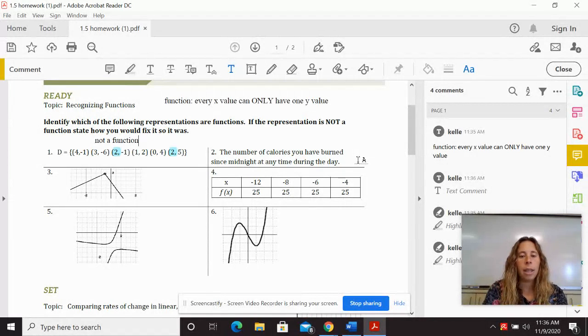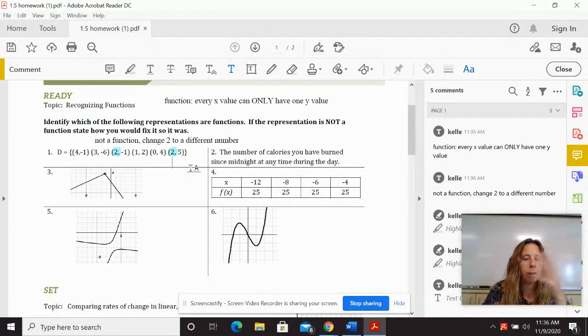Function. And then how can we fix it? You can change to a different number. So like instead of 2, 5, this could be any x value we have not used. 4, 3, 2, 1, 0.